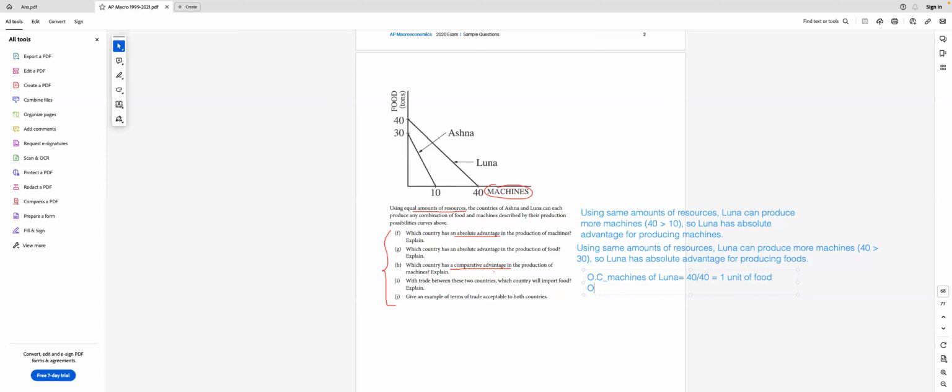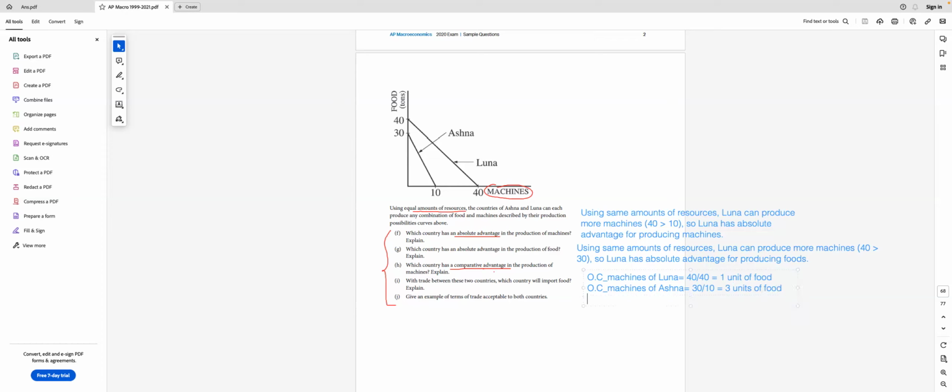So we need to do a comparison. We also need to calculate the opportunity cost of machines for the other country, China. In order to produce 10 machines, China needs to give up a total of 30 units of food. So we do 30 divided by 10, so 3 units of food.